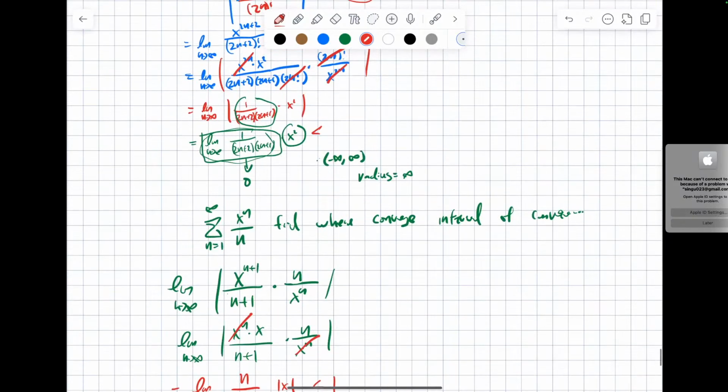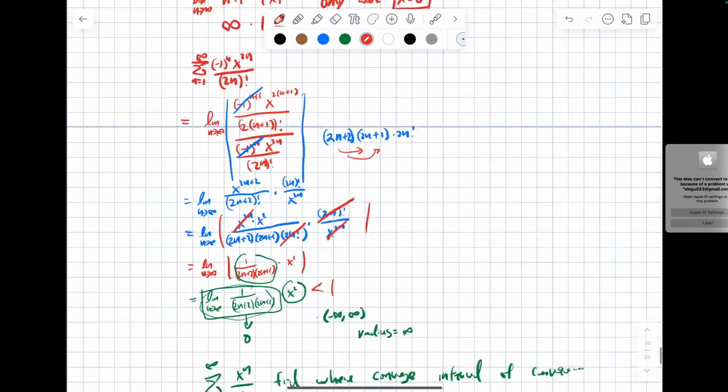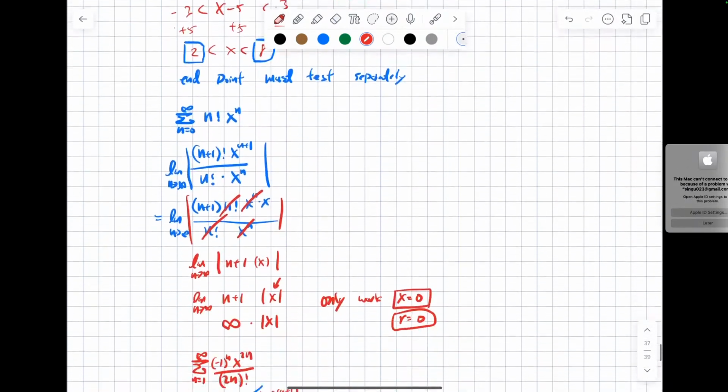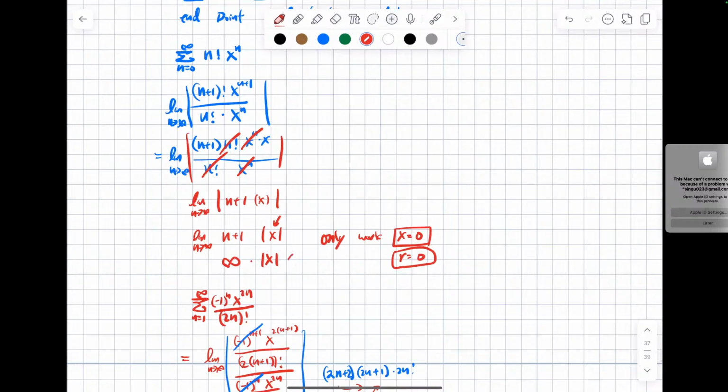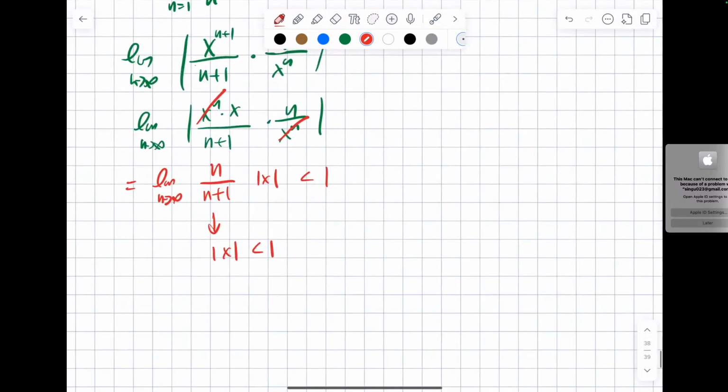Because this part is less than 1, it doesn't matter what I plug in. It's very important because now we know the absolute value of x can be less than 1.